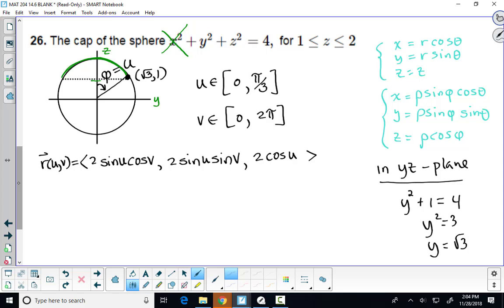How did you get y equals square root of 3? Did you just plug in a z value? So in the yz plane, x is 0. This is the projection into the yz plane, and this line right here is z equals 1. So we plug 1 in there to figure out what this is.